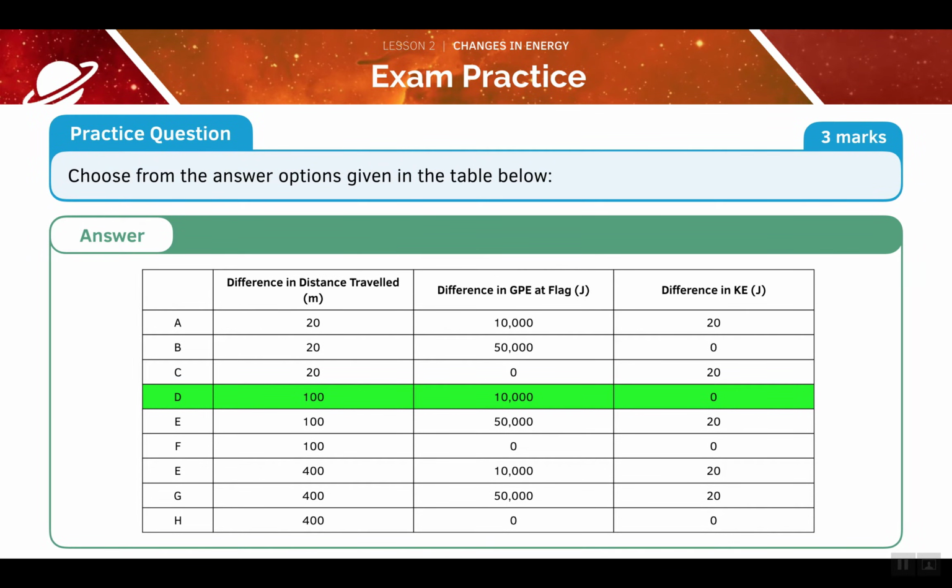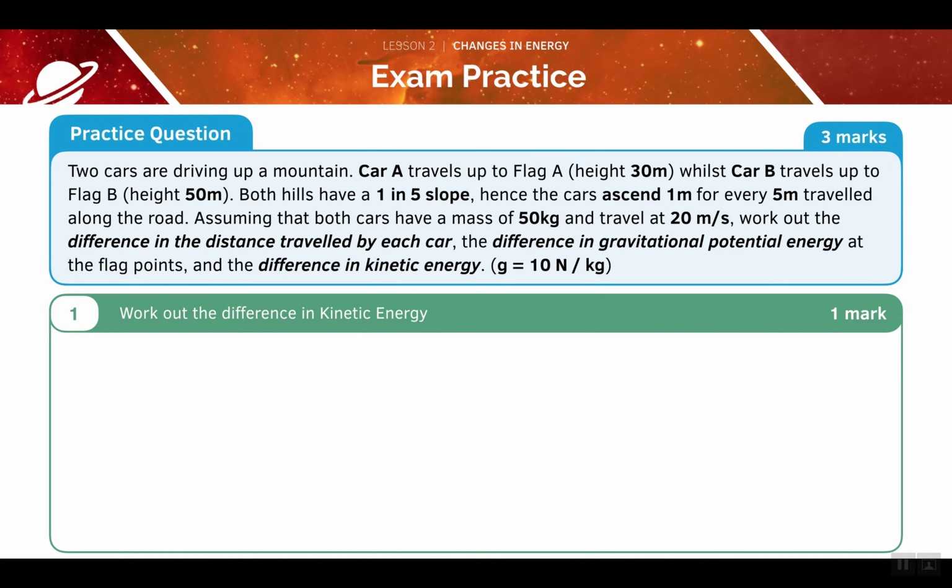D is the correct answer. We'll work through each part of the question step by step. Firstly, we need to know the difference in kinetic energy. We can actually rewrite the formula, as I'm about to show here. Since we've got 2 cars, we can say that the kinetic energy is going to be equal to a half times the mass times the velocity of car A squared, which is VA, minus the velocity of car B squared.